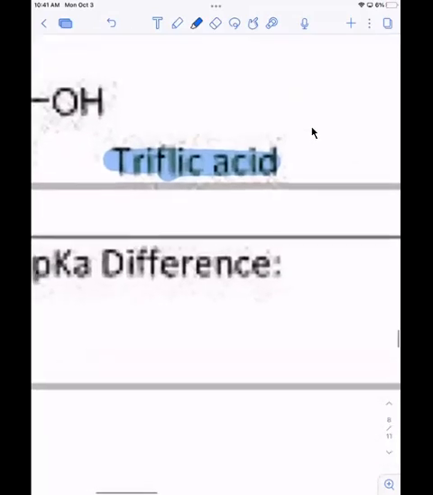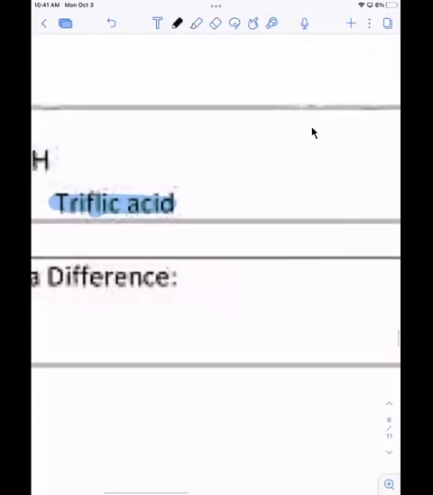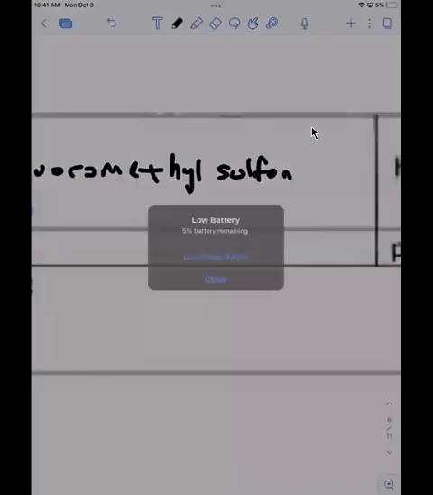If you can't find that, you can look up trifluoromethane sulfonic acid.